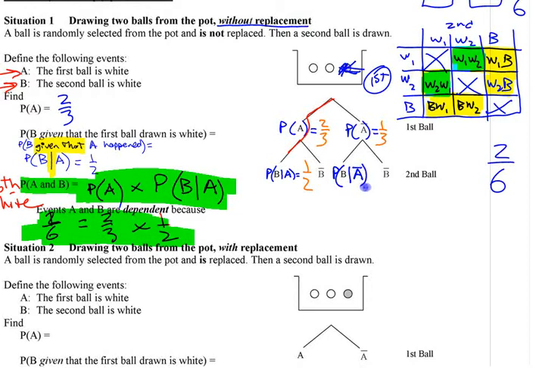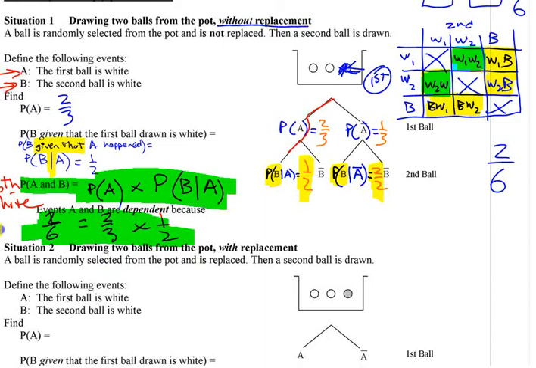That A has not happened? What would that probability be? 2 out of 2, 100%, right? Once you get the black one first, you have to get the white one second. These are different. This number is different than this number. The chance of B occurring depends on what happens first.